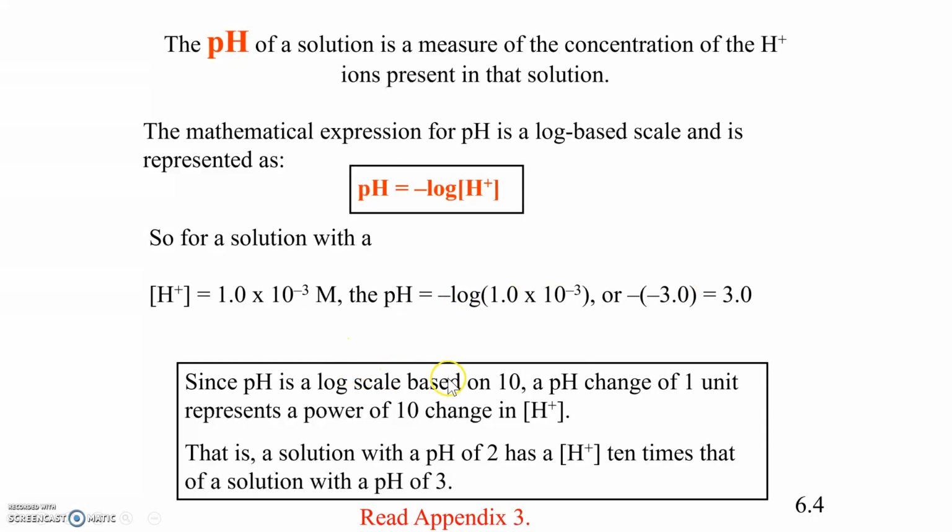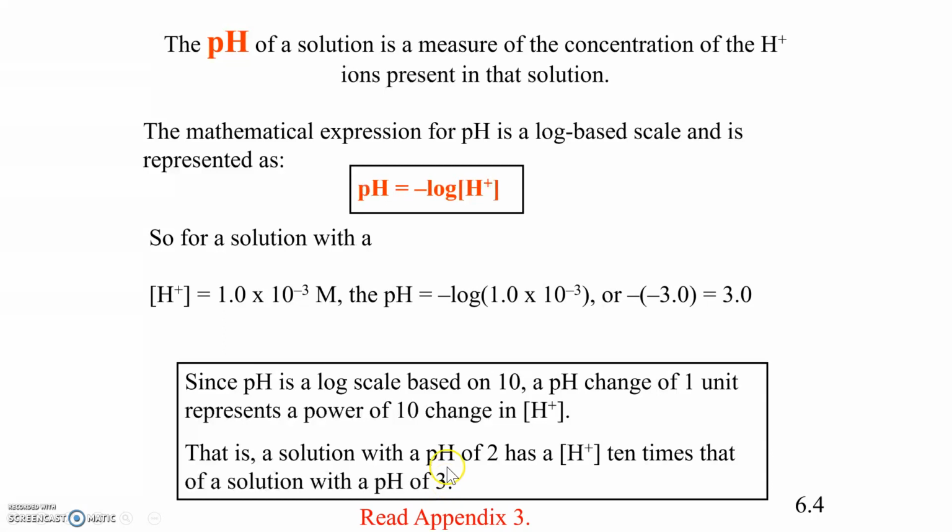Since the pH scale is log-based, 1 unit change in pH is a change in hydrogen ion concentration of a factor of 10. So for example, a solution that is pH 2 has 10 times more H plus than a solution that has a pH of 3.